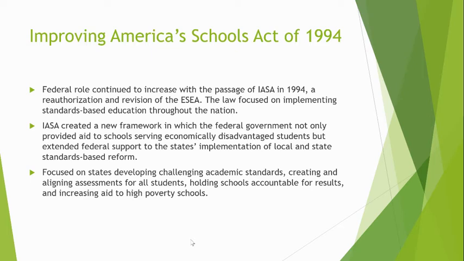It also created a framework in which the federal government not only provided aid to schools serving economically disadvantaged students, but also extended support to states implementing local and state standards-based reform. And it focused on states developing challenging academic standards, creating and aligning assessments for all students, holding schools accountable for results, and increasing aid to high poverty schools.